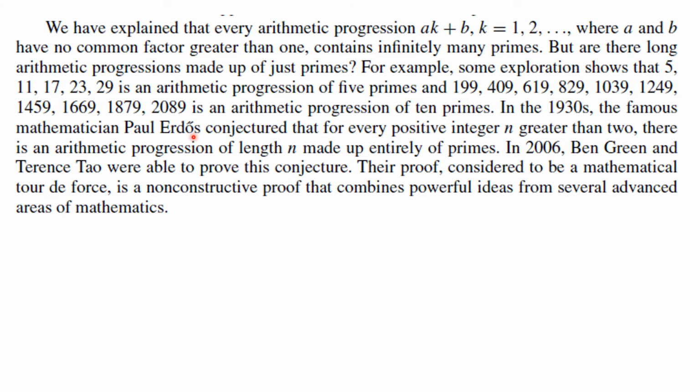In 1930, a famous mathematician, Paul Erdős, conjectured that for every positive integer n greater than 2, there is a progression of length n made entirely of primes. And this was proven in 2006. Their proof was amazing, but it is also a non-constructive proof. It doesn't tell how to find them, and it used powerful methods from many areas of mathematics.